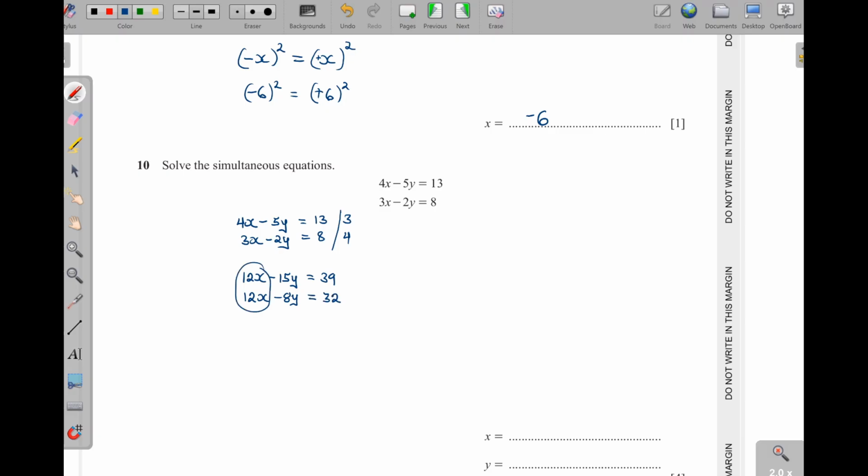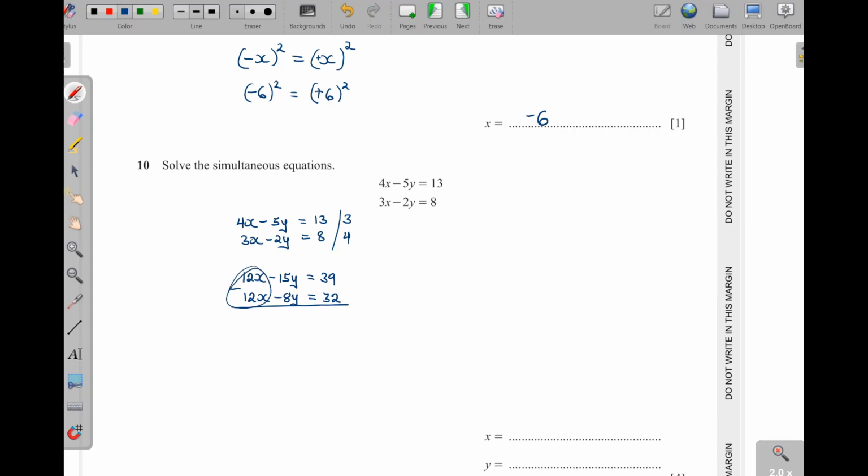Now, do you see that this one is the same? Now, since all of them have the same signs, it is positive, positive, then we subtract. If the signs are different, for example, this one is a negative, then I add such that they disappear. Keep that in mind. So, I'm going to subtract, okay, and after subtracting, here, what do we get?